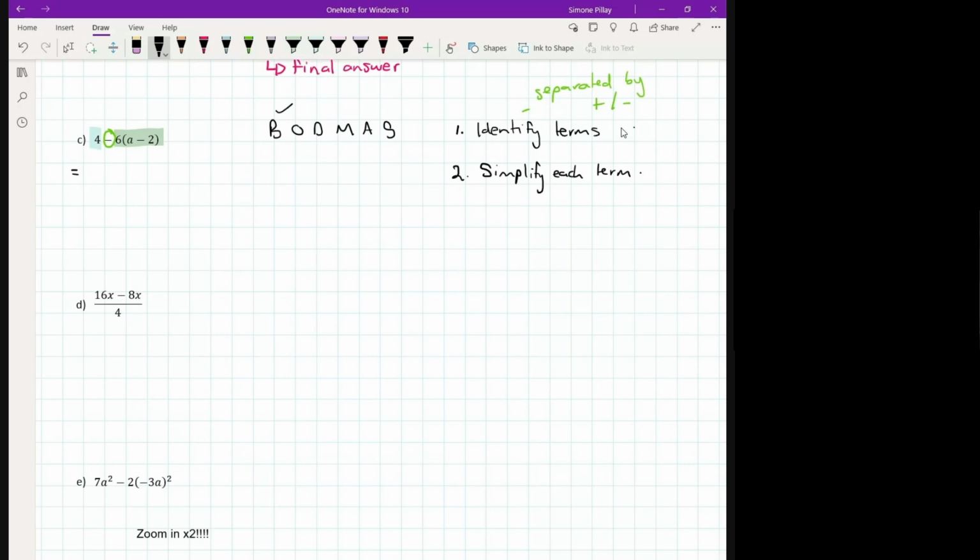Once you know what each term is, you have to simplify each one of those terms. And then the third thing we did is add like terms. Those were our three steps when we dealt with expressions. And so let's do a new answer now, Itandile, knowing the correct method.